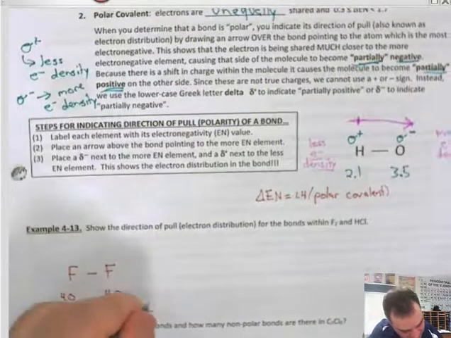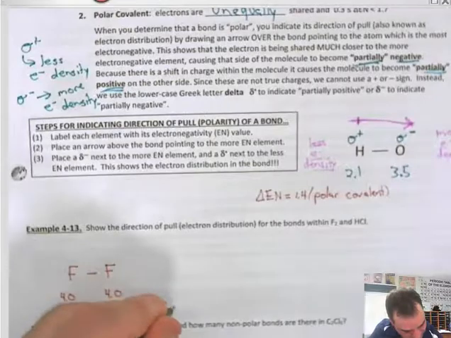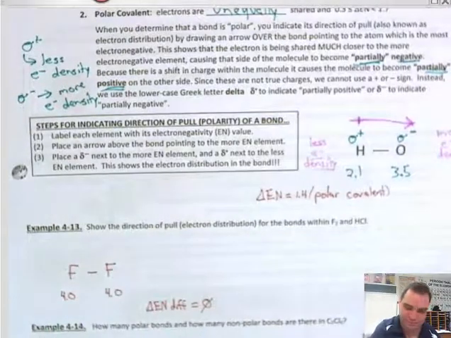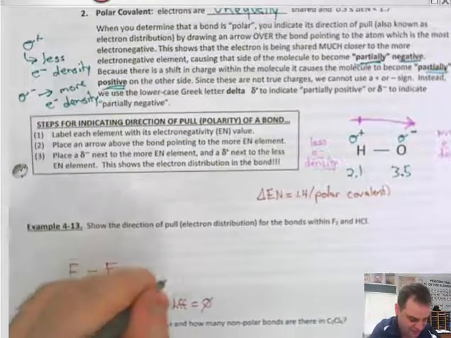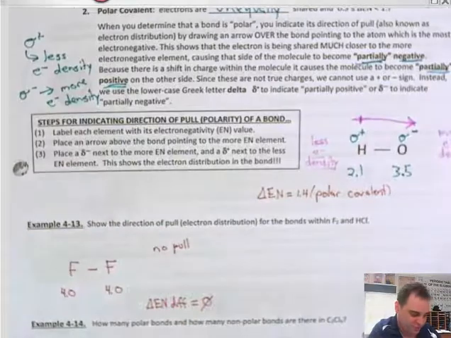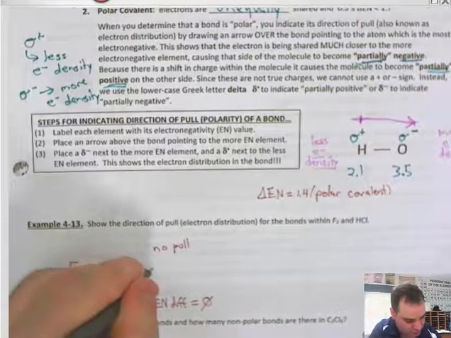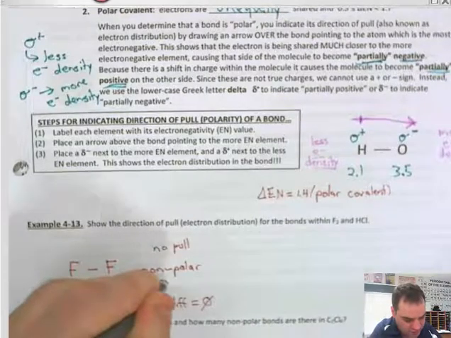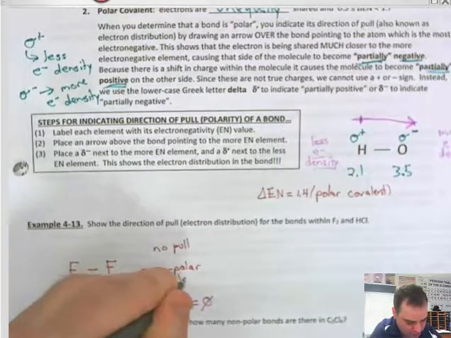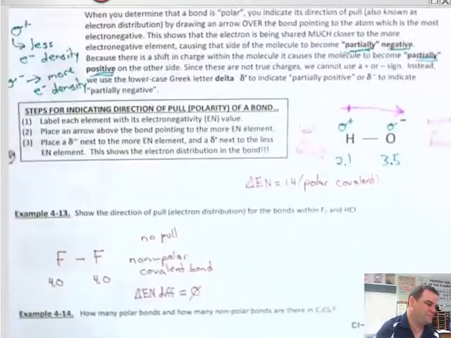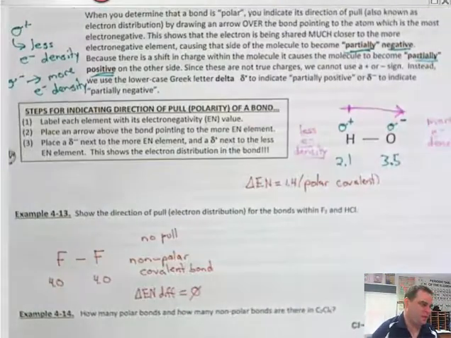So my electronegativity difference is 0, which means there is no pull, which means this would be a non-polar covalent bond. That would be F2.